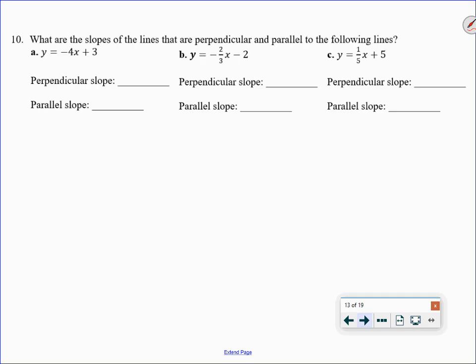All right. What are the slopes of the lines parallel and perpendicular to the lines? So the rule is parallel lines have the same slope.